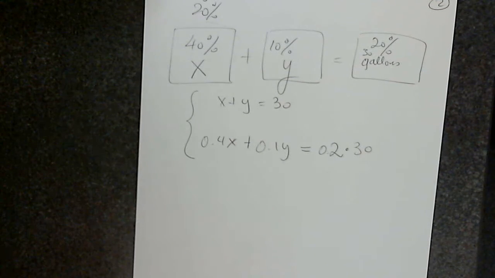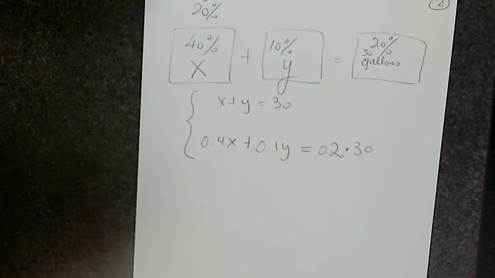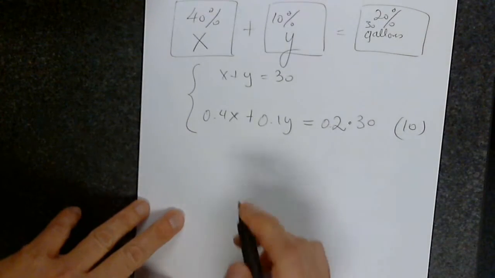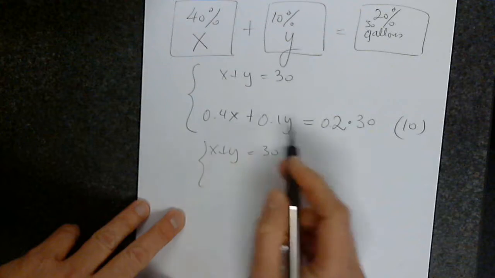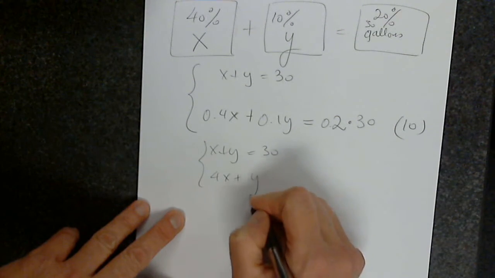Excellent. So let's solve the system. What will you do first? You can substitute, yes. But first let's simplify the second equation a little bit, and I will multiply it by 10. So x plus y equals 30. 0.4 times 10 is 4x. 0.1 times 10 is y.